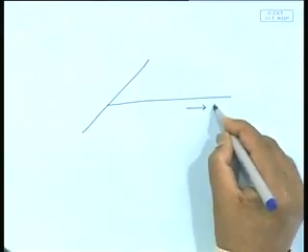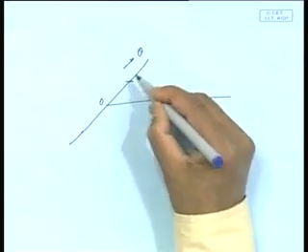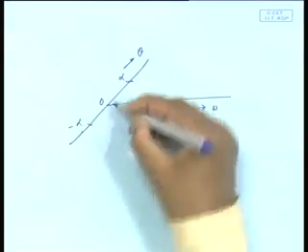I put omega here and I put theta here. Say theta is 0, let us just give an example, this is alpha here, this is minus alpha here, like that it goes.